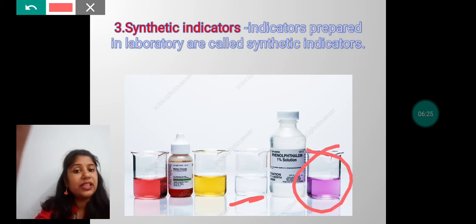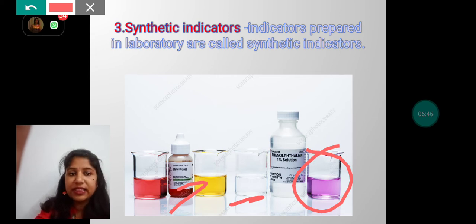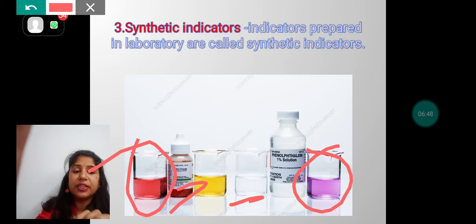But in acid it remains colorless. So as it changes its color in base, it is known as a basic indicator. While methyl orange itself is orange in color, in acid it turns red, and in base it turns yellow.